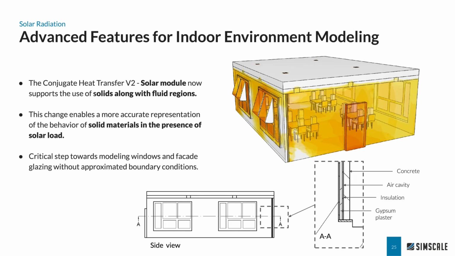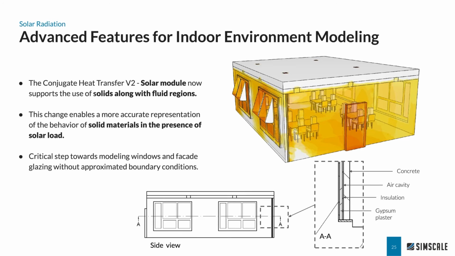Another important new addition specifically on the indoor environmental modeling is the new additions to the solar module. We can now use it together with fluid and solids in our designs. So we can use actual solid models for the furniture, for the walls, for every piece of solid that's actually part of the design.